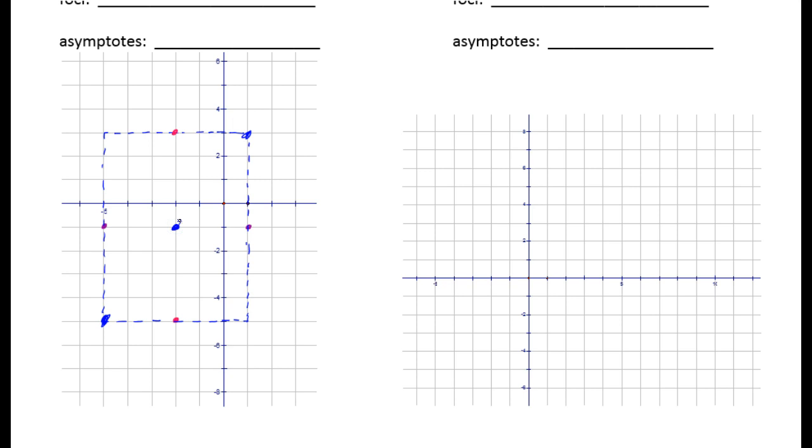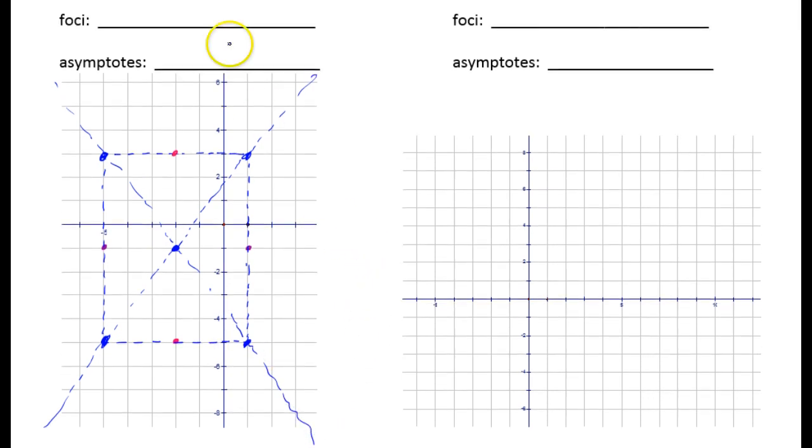So I'm going to have an asymptote that goes like this. Okay, see how the asymptote passes through the diagonal? Now focus your eyes on the other diagonal. So I'm going to have another asymptote that goes like this.